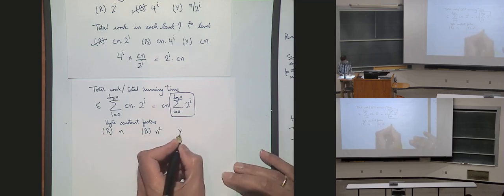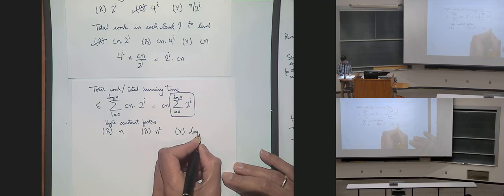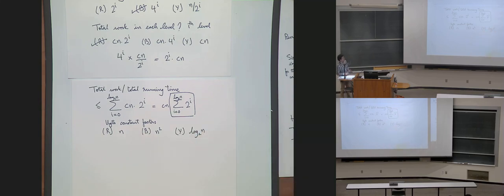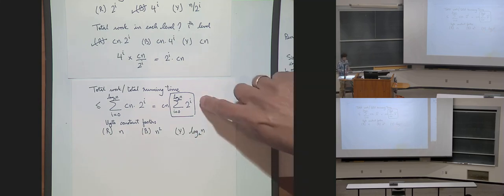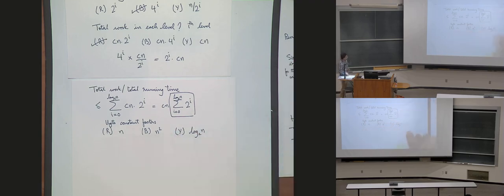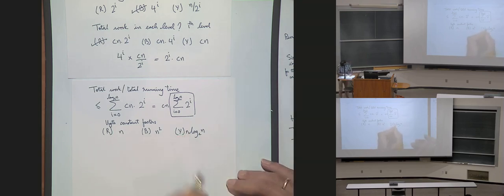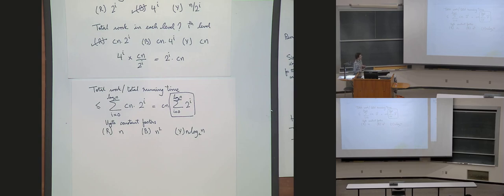Is it n squared? Or is it just log base 2 of n? Does this question make sense? This summation over here, up to constant factors, which of these is it? Or actually, sorry, is it n, is it n squared, or is it n log n?